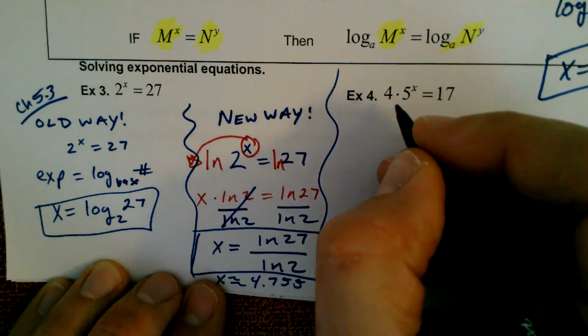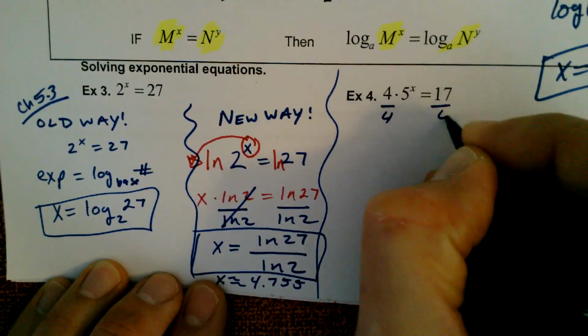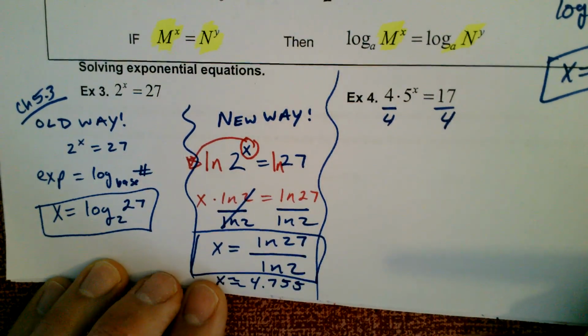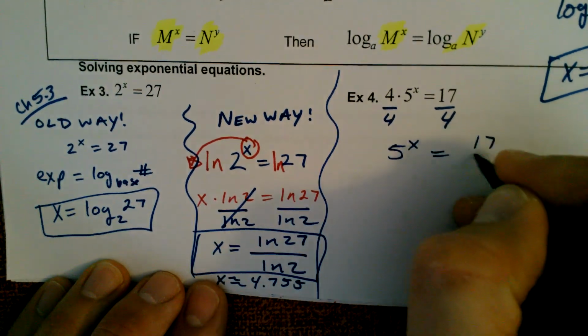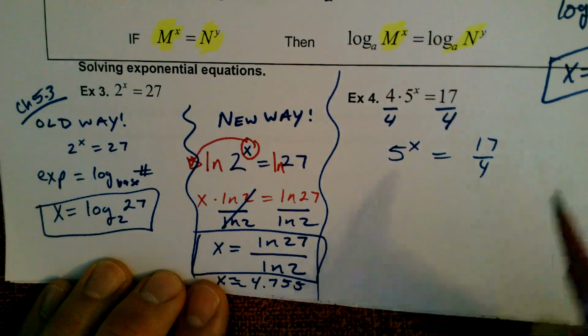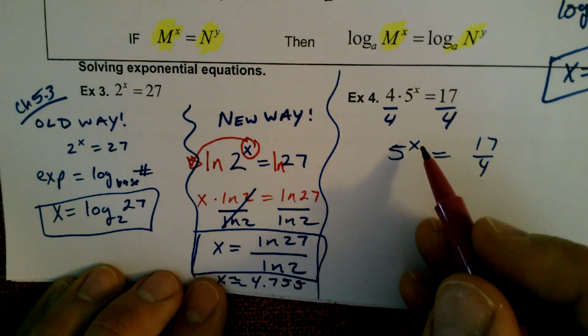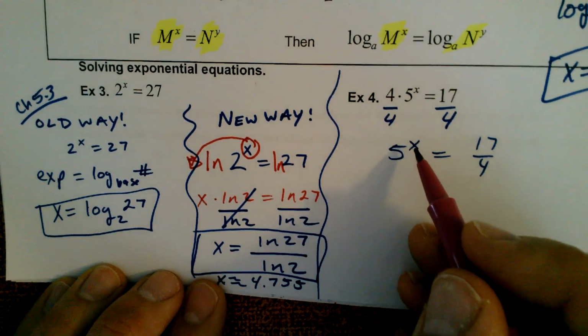What we can do to get rid of this 4 and isolate the exponential is just divide over the 4. So now we get 5 to the x is equal to 17/4. Okay. Now, my little trick or little visual here is I say this x is up on the high shelf and you can't reach it.